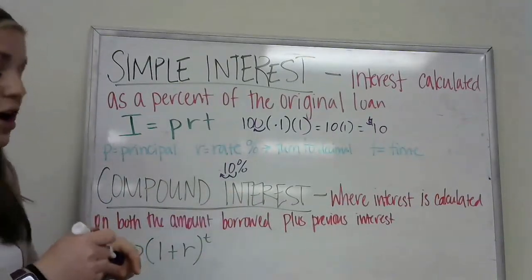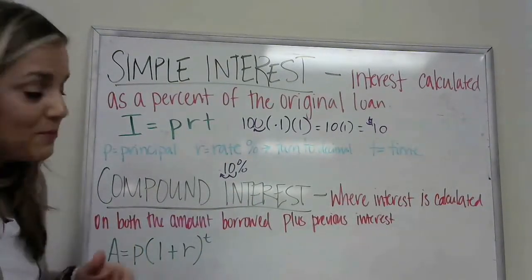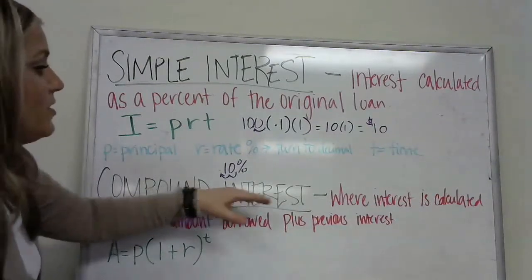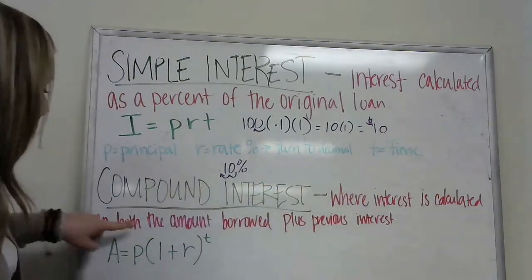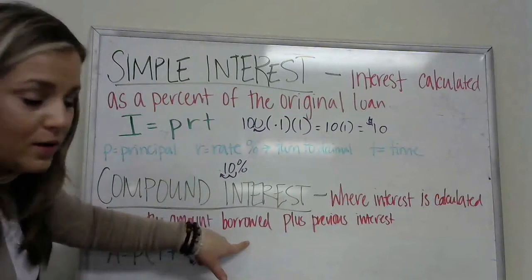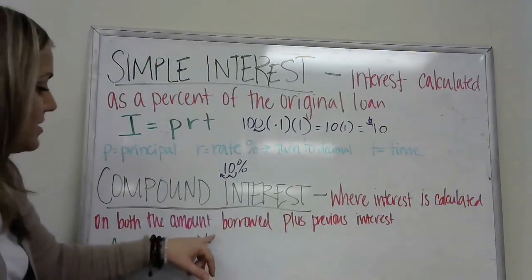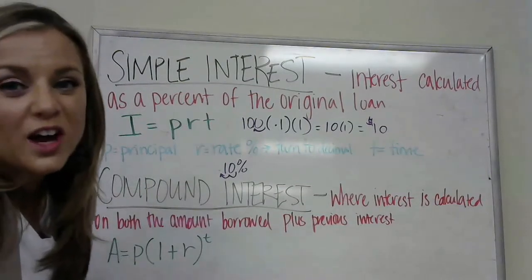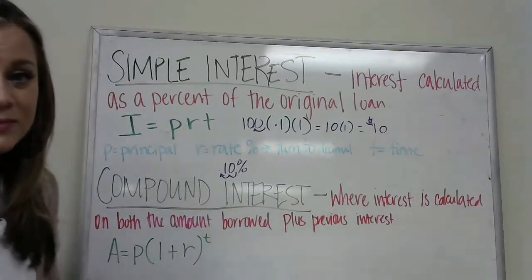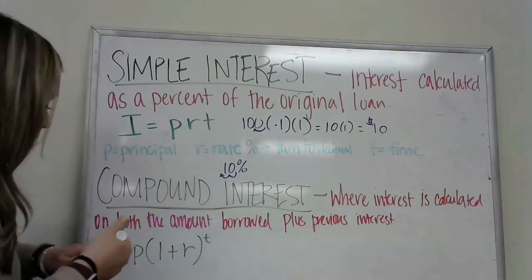All right, so now let's look at compound interest. Compound interest is where interest is calculated on both the amount I borrow plus the previous interest. So let's say it's probably going to take me 2 years to pay back Tate, okay? This is how we would calculate that.